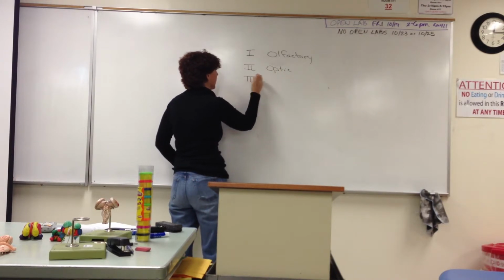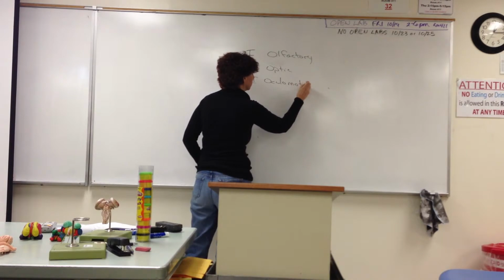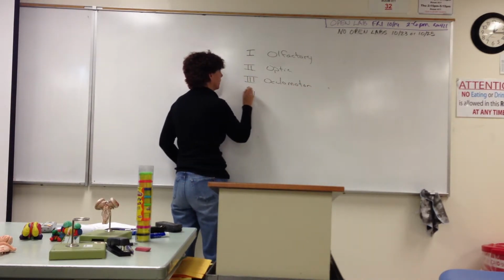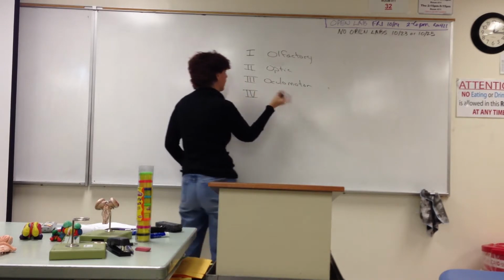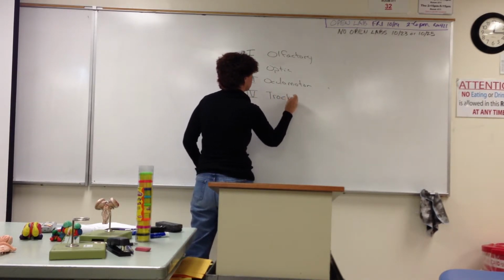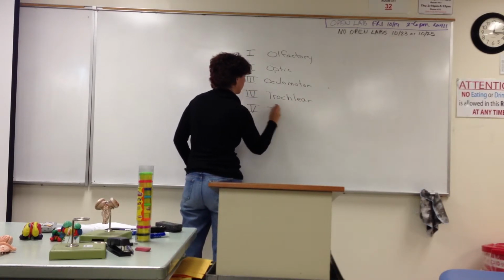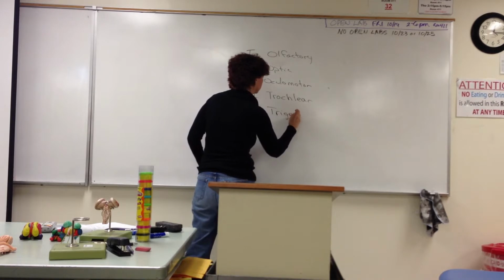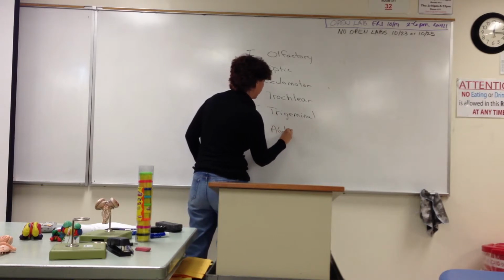The third one is oculomotor. Fourth is trochlear. So we take 5 and put 1 on the left side of that, means we subtract 1, so that's 4. 5 is trigeminal, and 6 is abducens. That's all we're going to work with today for now. Okay?